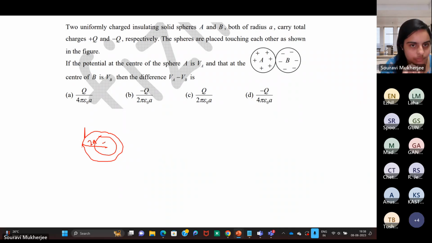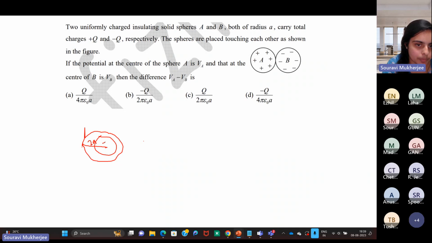And you know how potential and field are related? E equals minus grad V. So if you do a line integral of the electric field, that gives you the potential. So how will your potential vary?